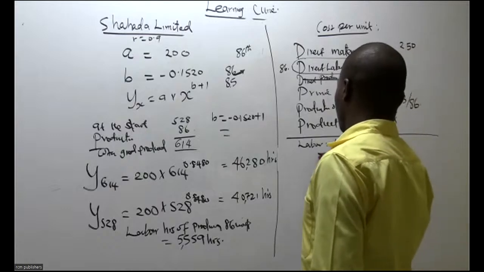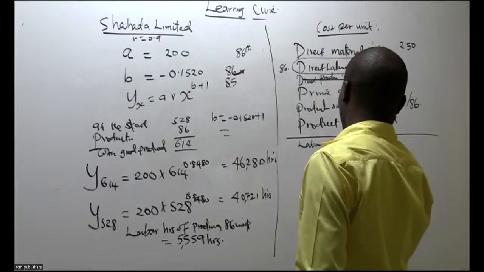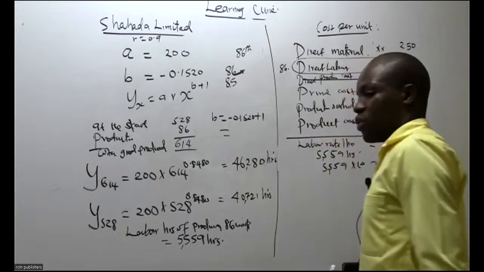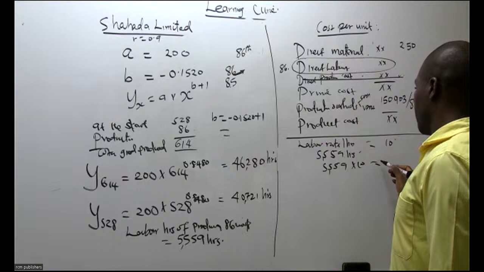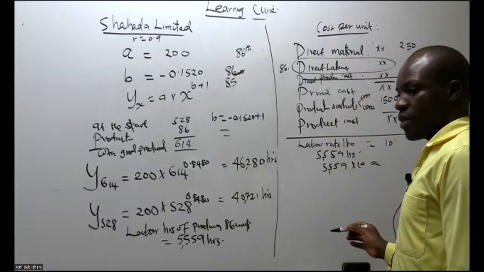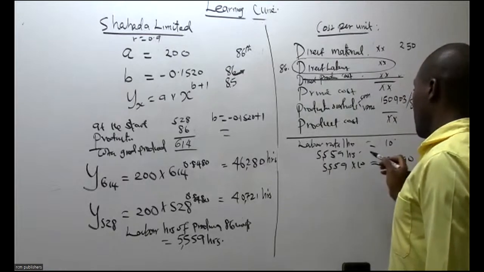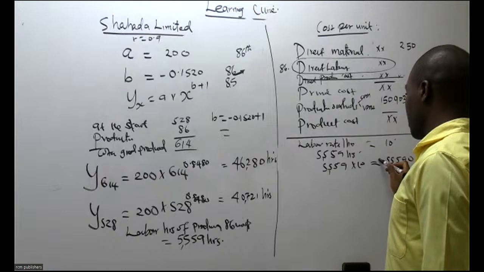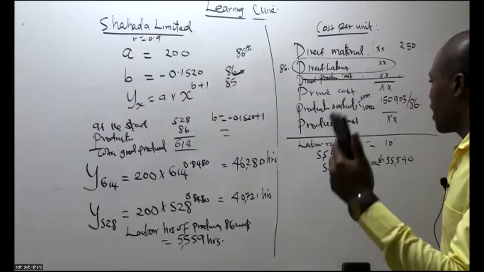Then we have a total of 559 hours. 559 times 10 gives 5,590. Now not hours, but shillings. That is the total labor cost.